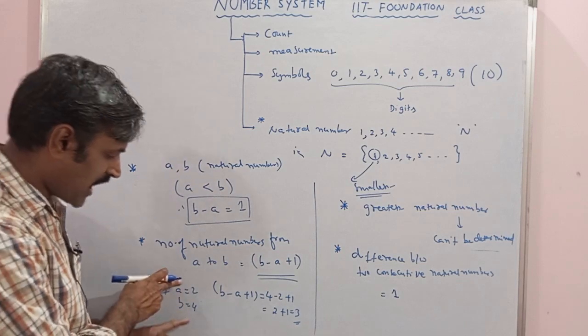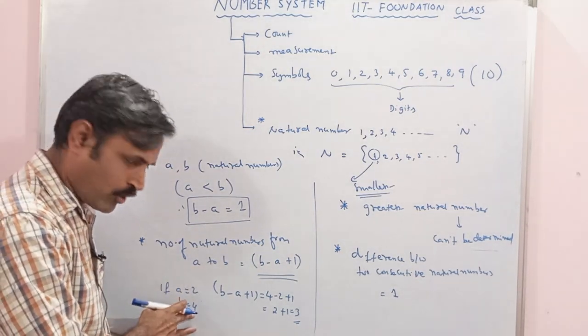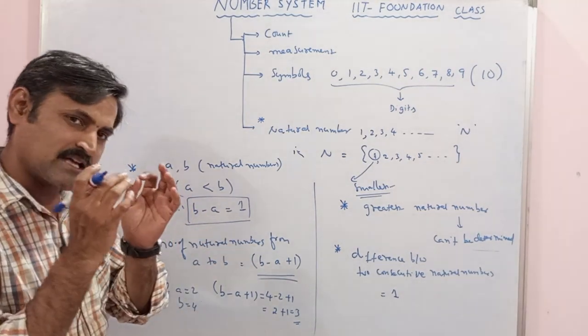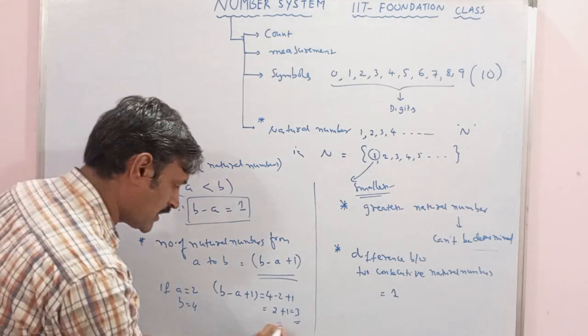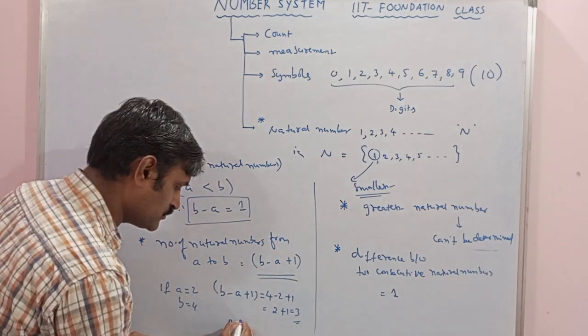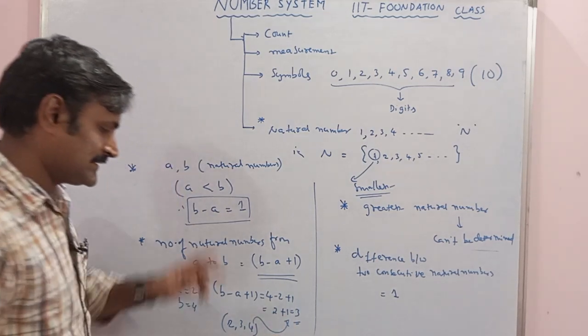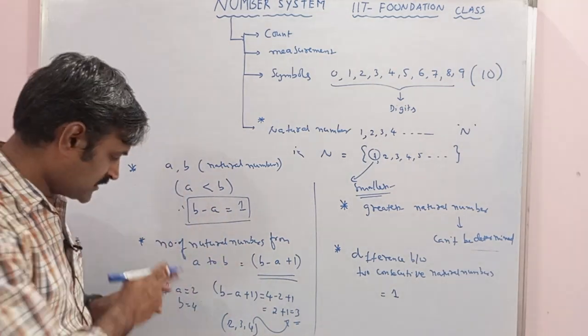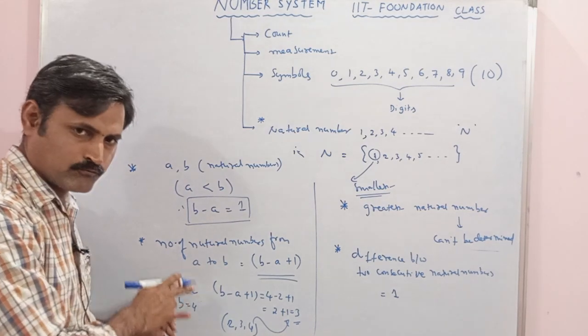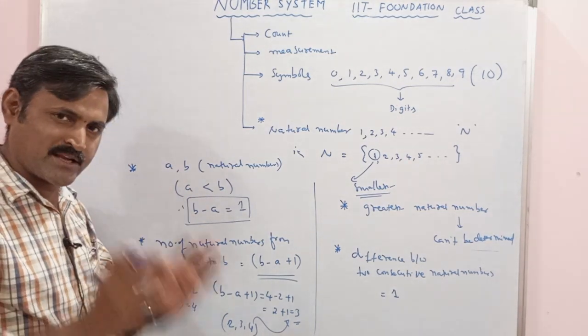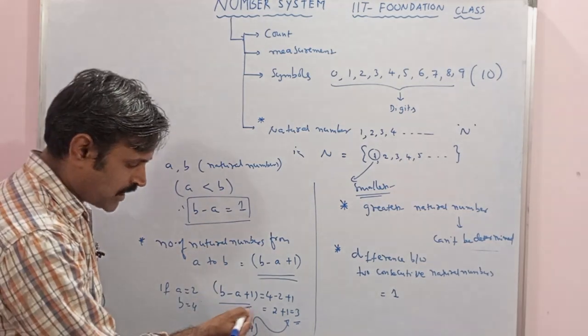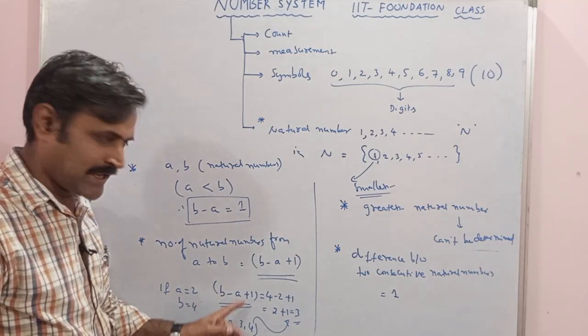That means starting from 2 to 4, there are 3 natural numbers. What are those 3? 2, 3, 4. That is working well when we take this formula, B minus A plus 1.